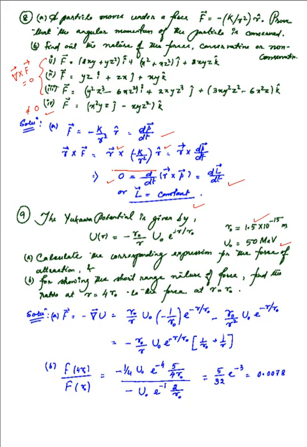Now what we have to do is, in the first case, calculate the corresponding expression for the force of attraction. Obviously this is a conservative force, and we can take the negative gradient of the potential energy term and we get this. As you can see, in that expression we have a negative sign, which tells us that the force is an attractive one.